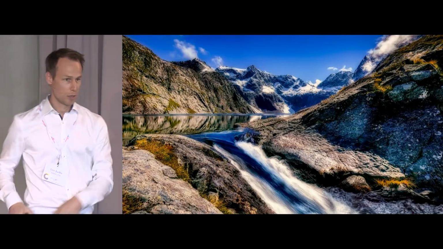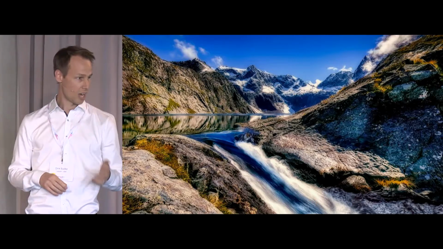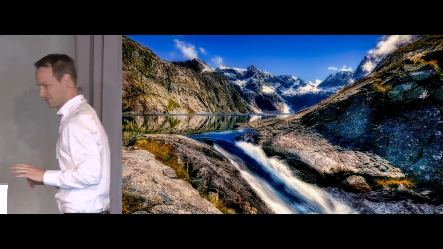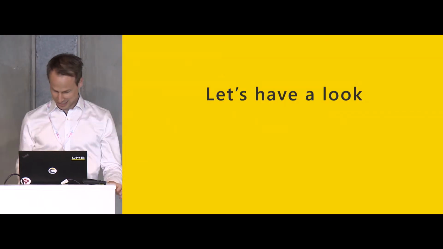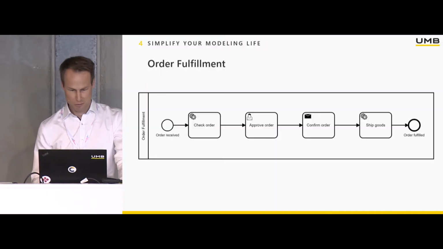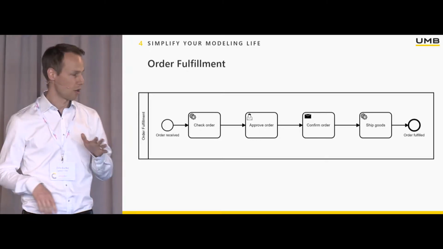He has a process problem, an order fulfillment process, and it has to be in production in half an hour, at 2 p.m. I need your help. So let's have a look. Fortunately, he sent me an email a week ago. This is how the process looks briefly. It's a very simple order fulfillment process.